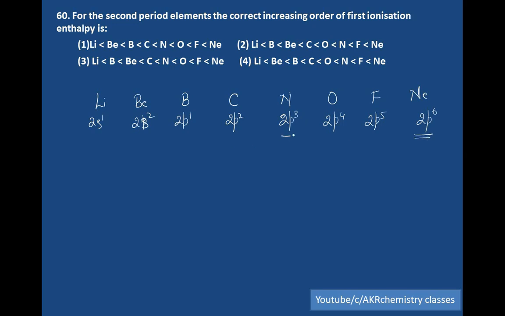Octet structure, half filled, completely filled: these elements are more stable and possess greater ionization energy. So between lithium and beryllium, beryllium possesses greater ionization energy compared to lithium.